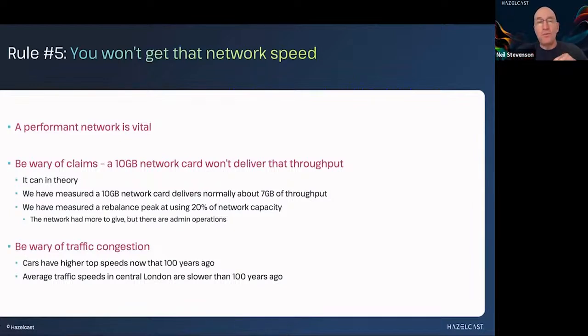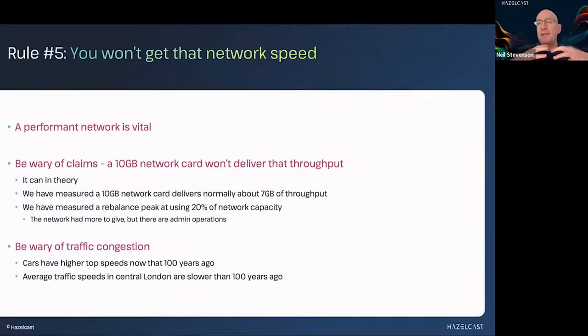So what we've seen, a 10 gigabyte network card can deliver 10 gigabytes in a second, but it generally doesn't. We've measured things, and generally, you might get 7 gigabytes through a 10 gigabyte network. That's like saying your car can go to 100 miles an hour, but you're only driving it at 70. Generally, that's not a big concern, but just a thing to be wary of. And where it matters the most is when you're doing that big data transfer.